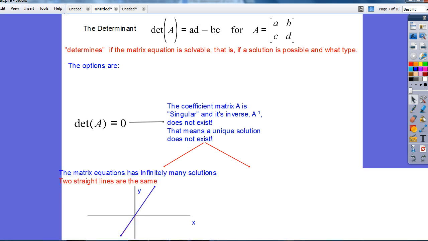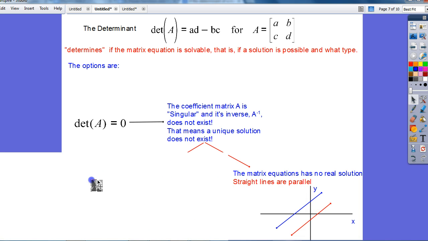Or the matrix equations have no real solutions, and that occurs when the straight lines are parallel. They have the same gradient but different y-axis intercepts. Same gradient but different y-axis intercepts. They are parallel.